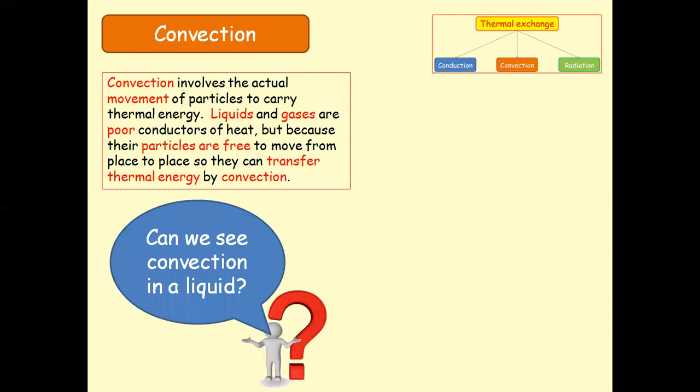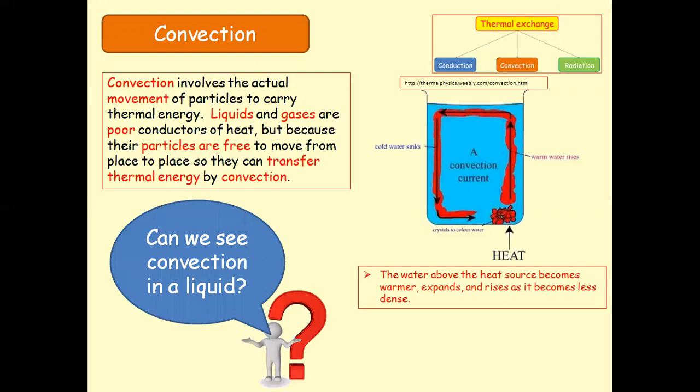Now, can we see convection in a liquid? See this question. Yes, we can. As you see here, we have a container of liquid exposed to a heat source. The water directly above the heat source will become warm. Then it will expand and rise as its density decreases.